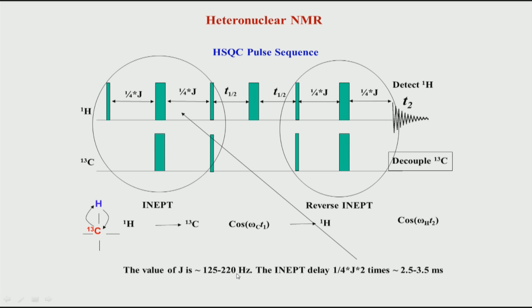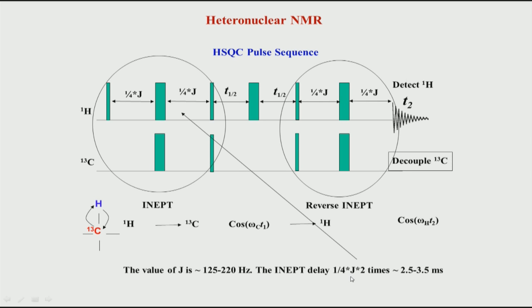What one does is, based on what type of functional group you are trying to look at, you decide the delay value. For example, if you are only interested in aliphatic, meaning only sp3 carbons, then your J value can be somewhere around 140, and for that value you choose a delay accordingly.